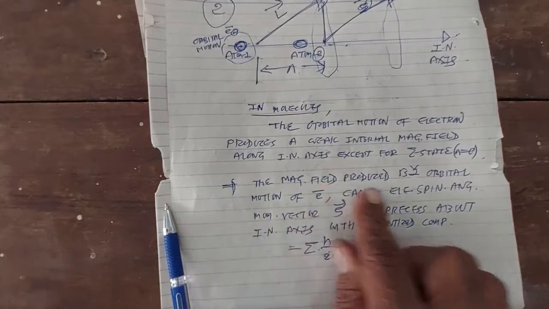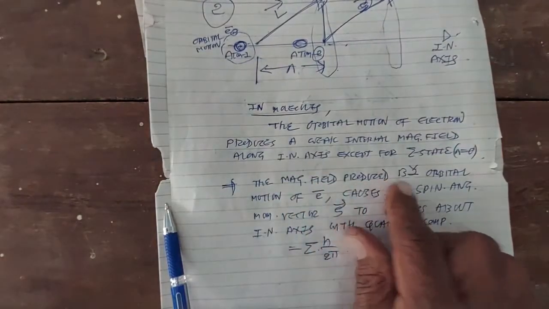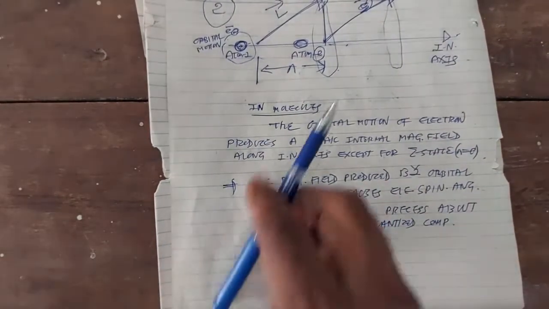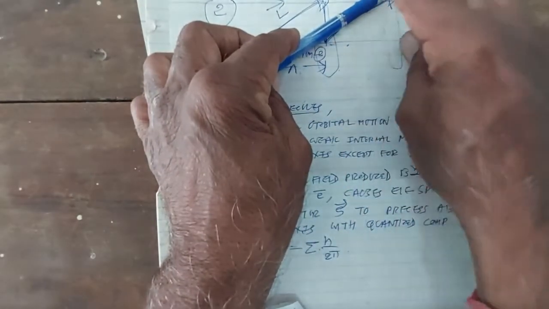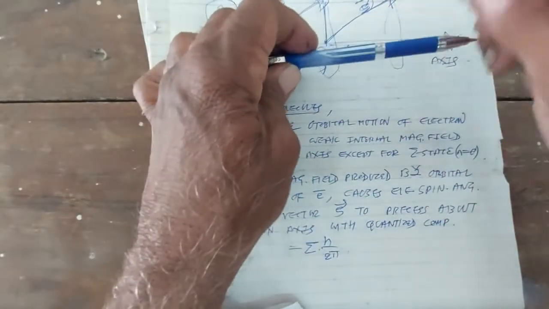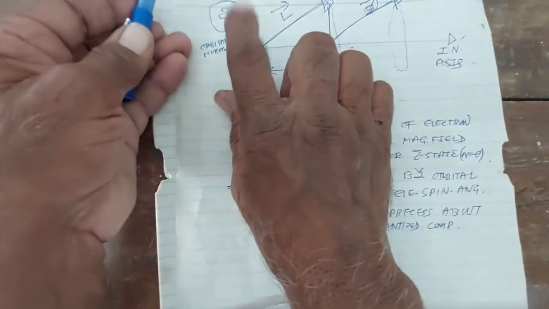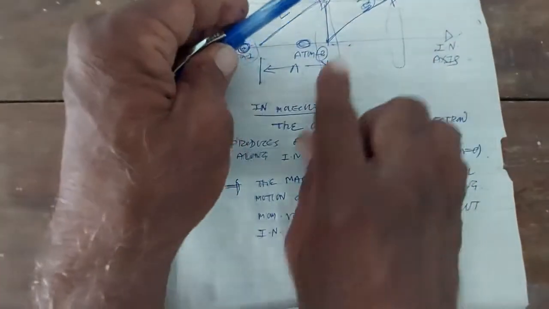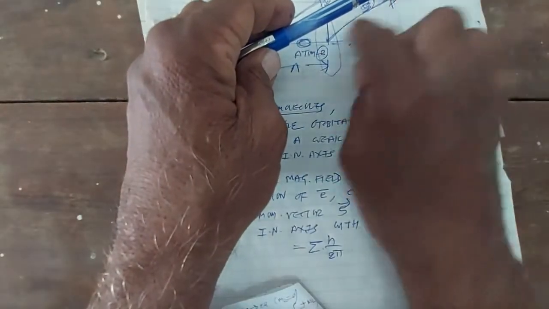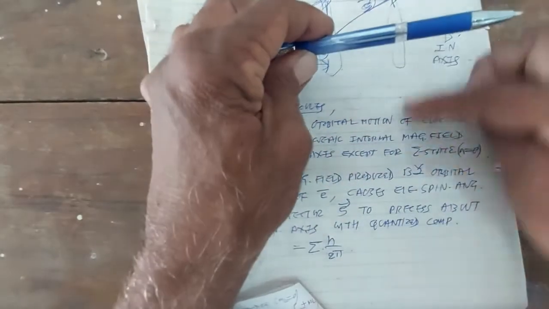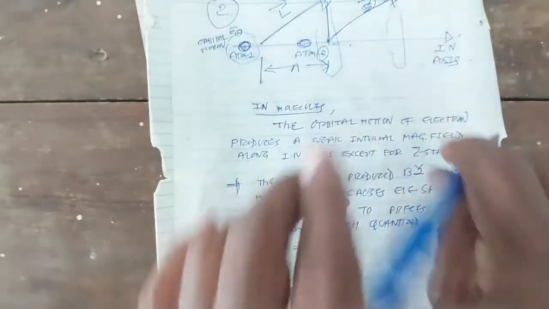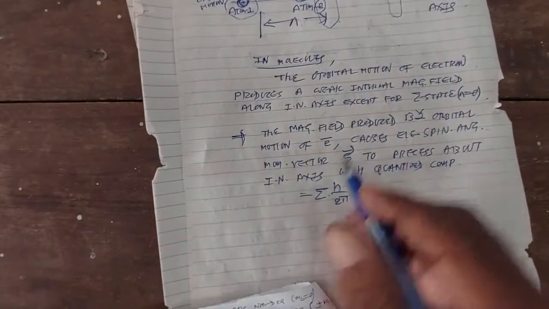Now, due to the magnetic field produced by the orbital motion of electron, it will cause the electronic spin angular momentum vector s to precess about the internuclear axis. So the electronic spin angular momentum vector s is rotating or precessing about the internuclear axis with quantized component sigma h upon 2 pi, right?